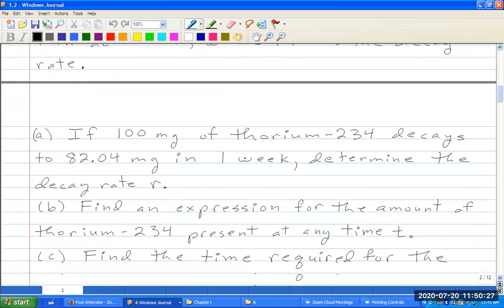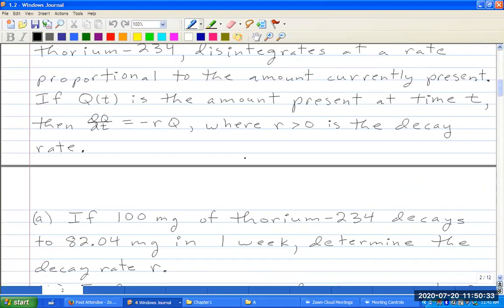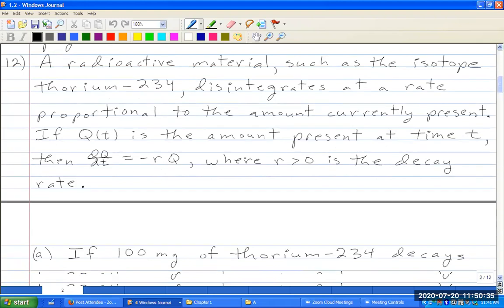Okay, so there's some word missing here. Oh, okay. Here, wait. Okay, so I think I just misread it.